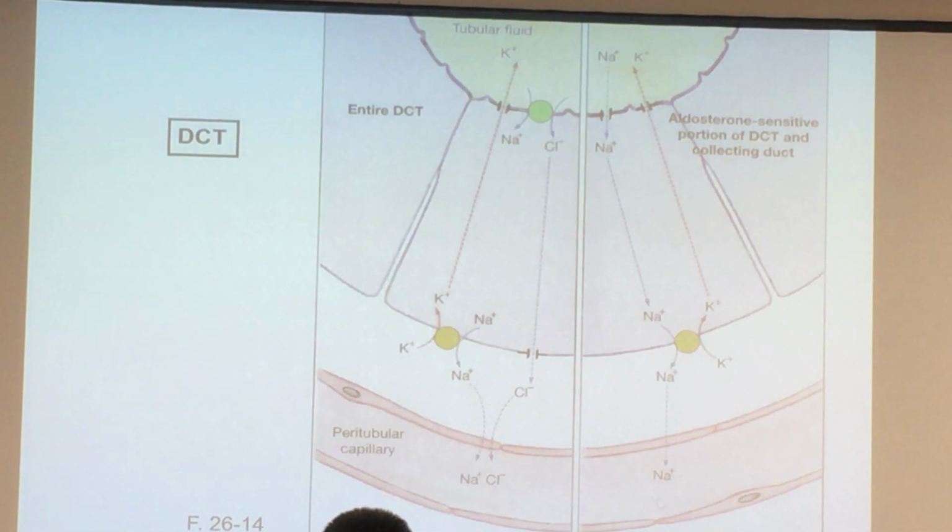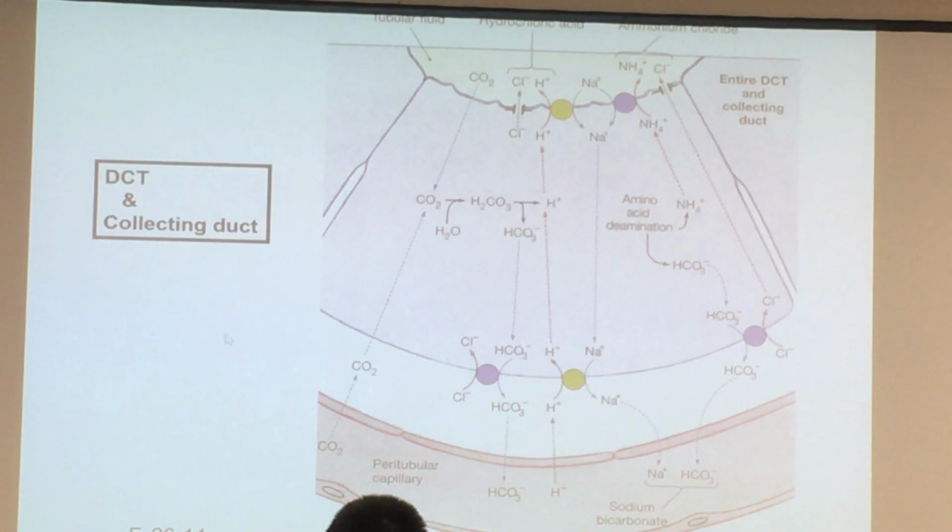The chlorine stuff is more complicated, but the major thing is the same. Sodium moves back to the blood. Hydrogen ion we don't want. Bicarbonate we move back. Okay, and sometimes chlorine can go both directions. Ammonia we get rid of.